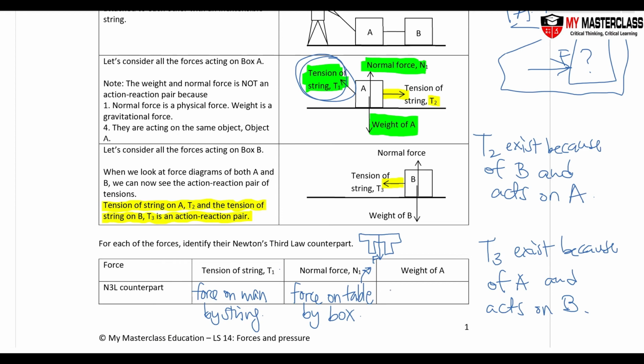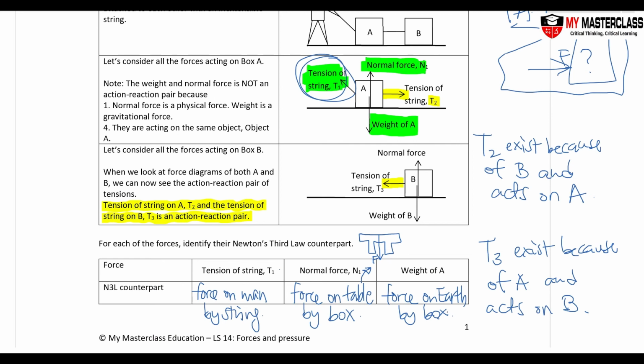So this force is force on Earth by box. The box attracts Earth also. It's not just that Earth attracts the box, the box also attracts the Earth at the same time. It's just that Earth is so massive that it is very hard to move the Earth by 1 millimeter. It is so much more massive compared to any one person. That's why the force on Earth is, for most circumstances, immeasurable. It's so small that I cannot measure it.